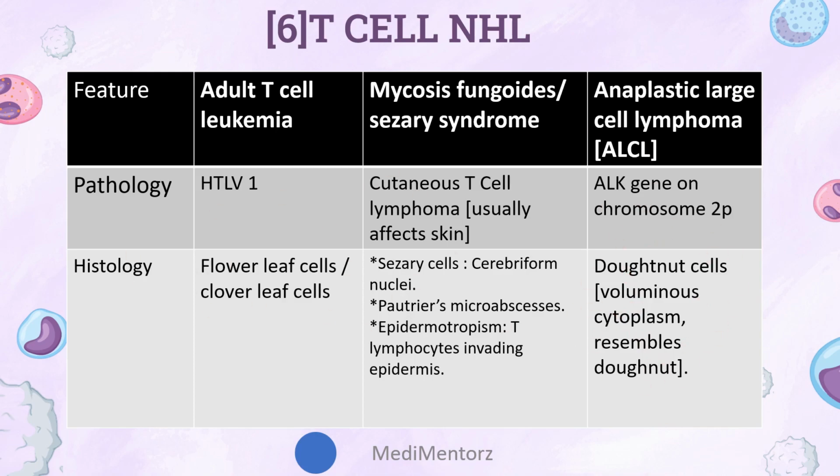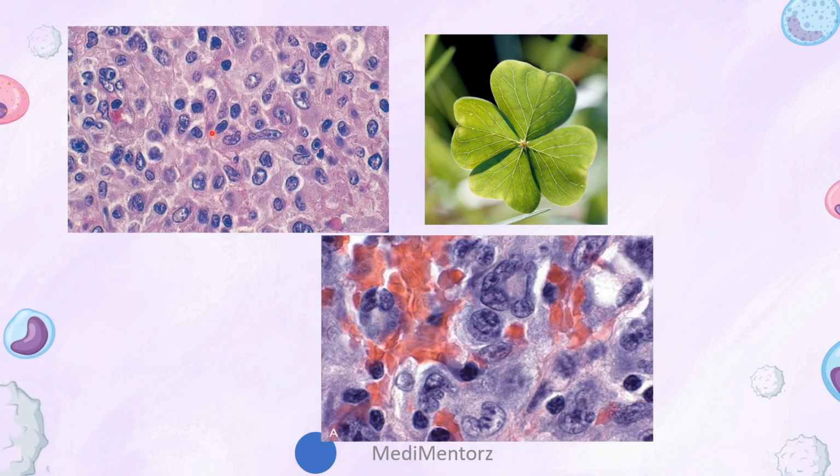And just see, the first one which I mentioned looks exactly like clover leaf cells, and you can clearly appreciate it here. Okay, and the second one, which is mycosis fungoides, here you can see there are so many nuclei but they look very irregular, so that's why they call it cerebriform nuclei.